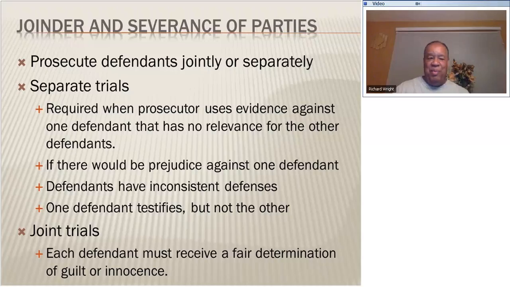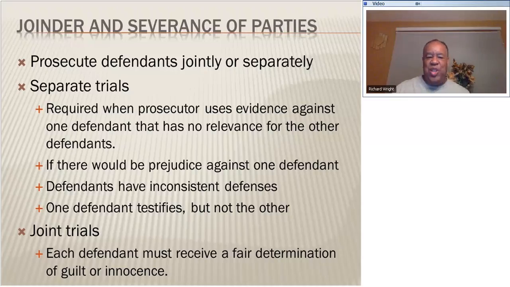So when it came time to try him, I filed what we call a Bruton motion to sever him from them, because my defense was going to be that my client was so inebriated that he didn't even have the capacity to commit burglary and did not participate in the burglary. That's contrary to what the defense for the other parties would have been, okay? So I was able to get a separate trial.